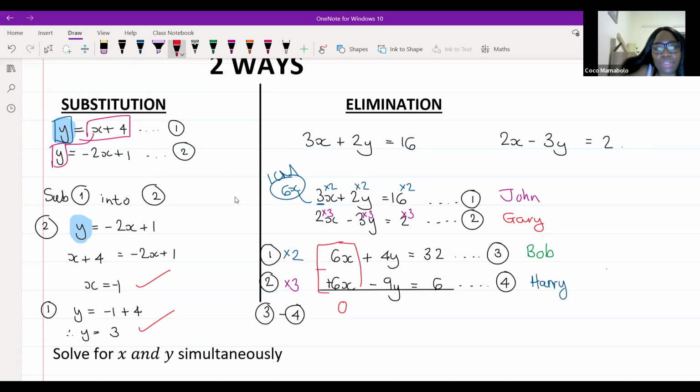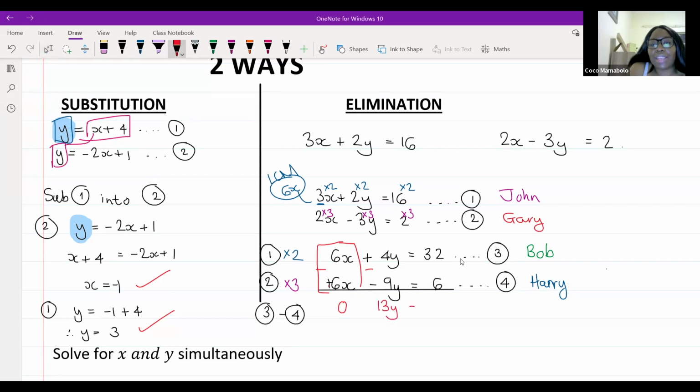Over here, if I go positive 4y minus negative 9y, what's going to happen to that negative and that negative? Correct. They're going to give us a positive 9y. Are we all okay with how that works? So 4y plus 9y will give me 13y.